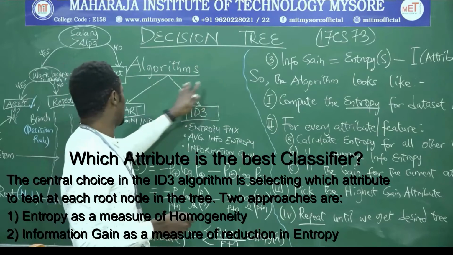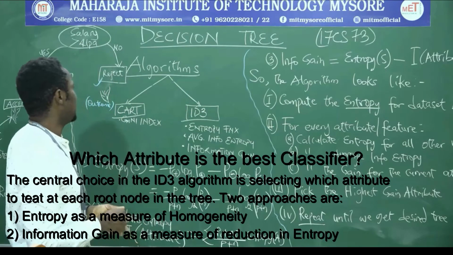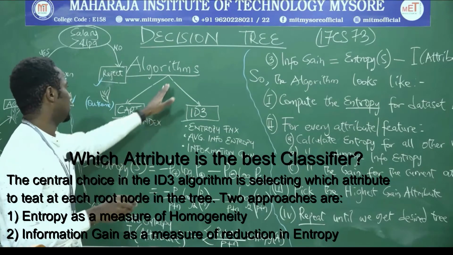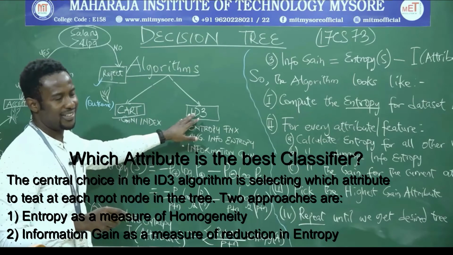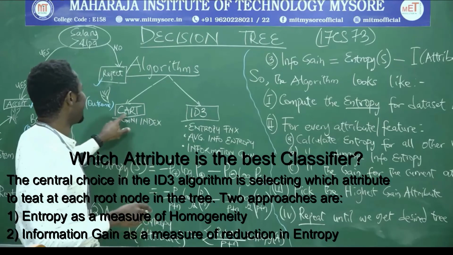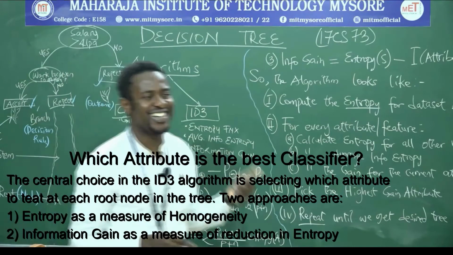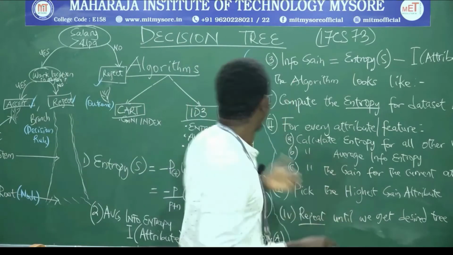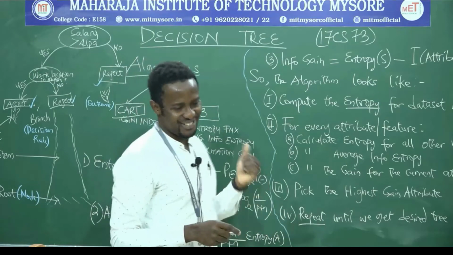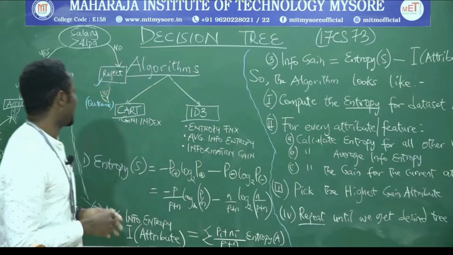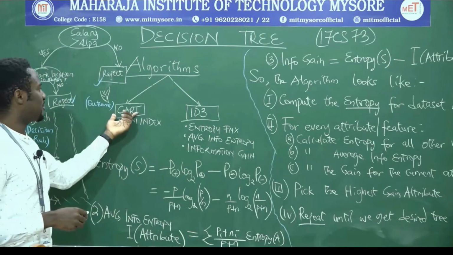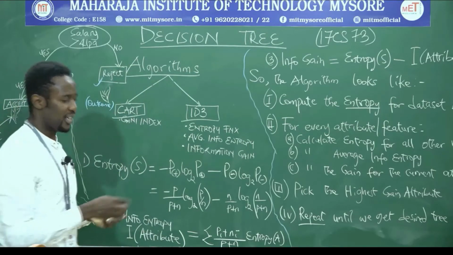So we know that primarily, at this level, we can talk about CART, not cat and dog, okay? CART stands for classification and regression trees, and ID3 stands for iterative dichotomizer version 3. Apart from CART, we also have other algorithms.